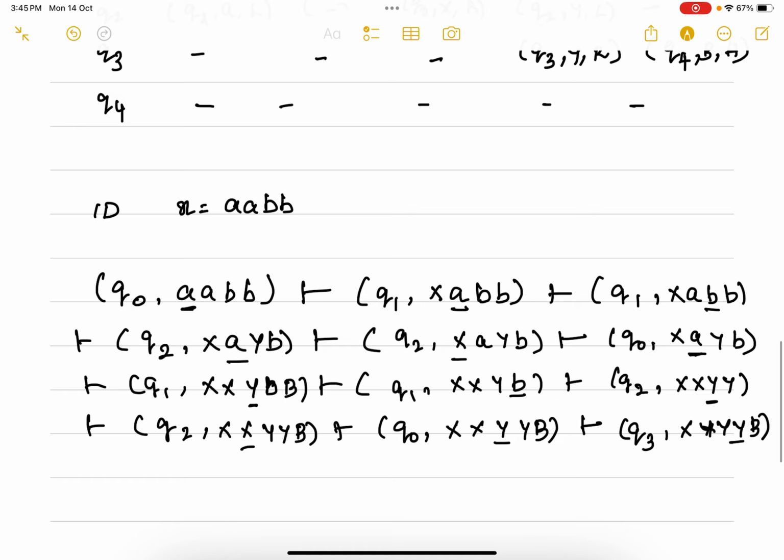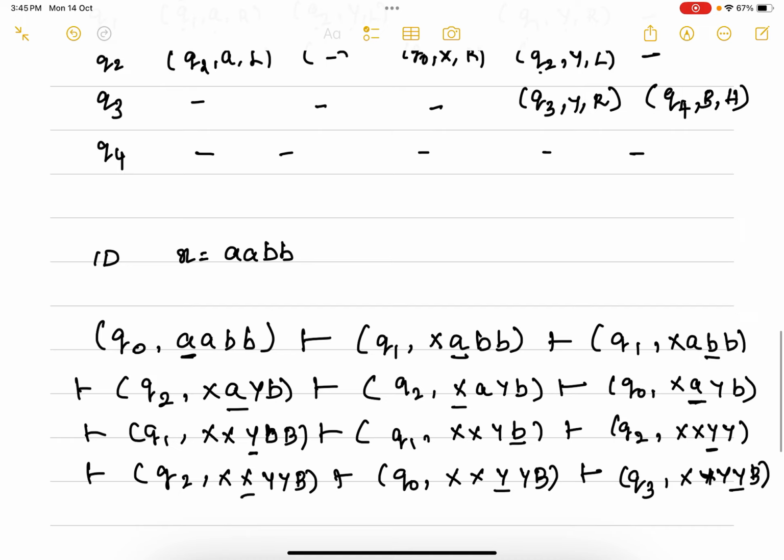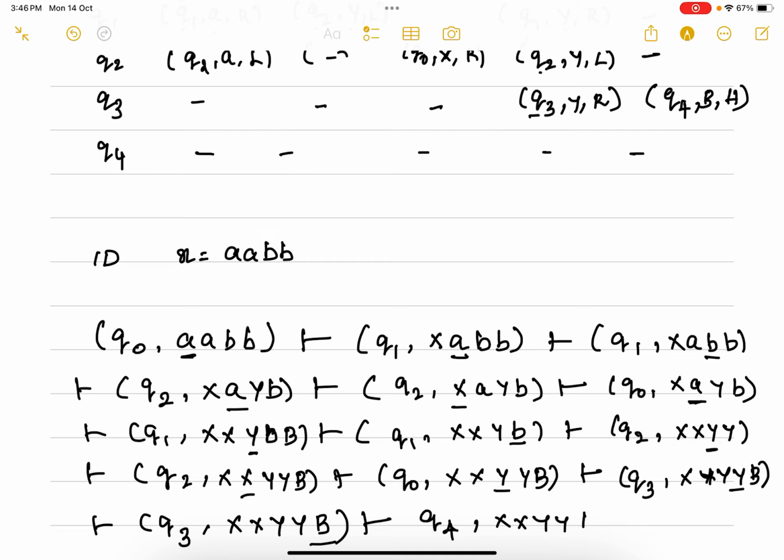You are moving towards the right. In Q3, if y comes, you remain in the same state, replace y with y and move towards the right. Now the header is on blank. From Q3, if blank comes, you go to Q4, replace blank with blank and halt.